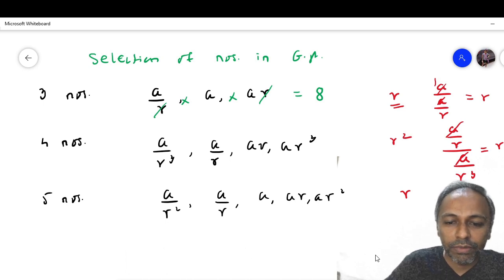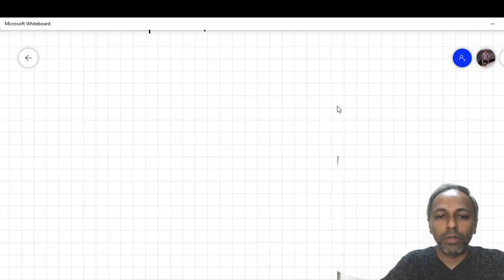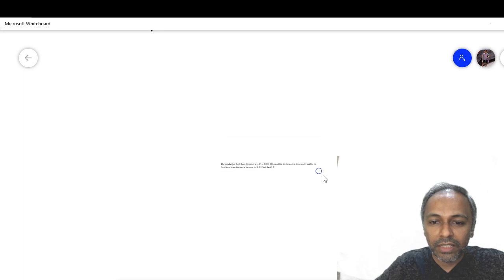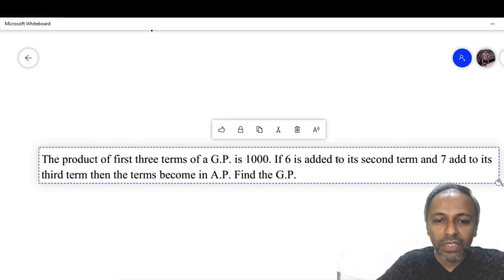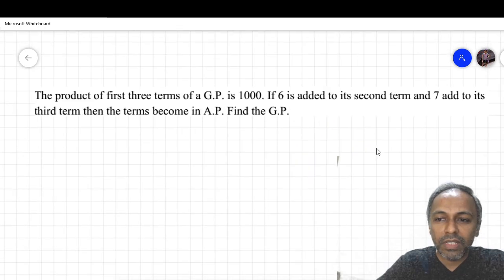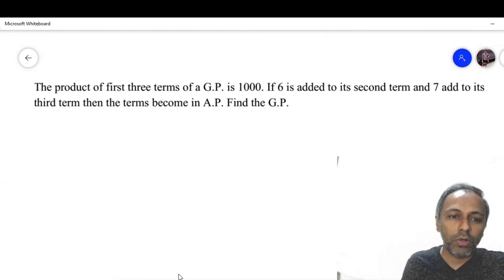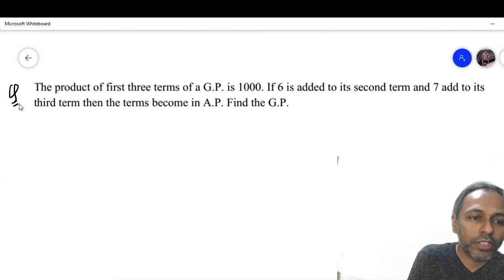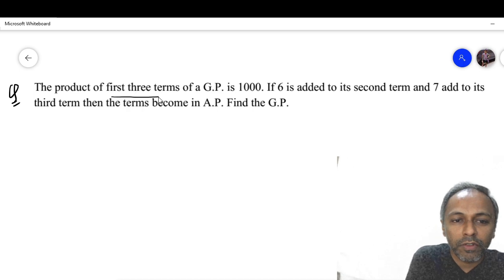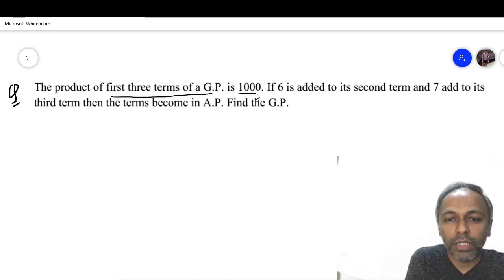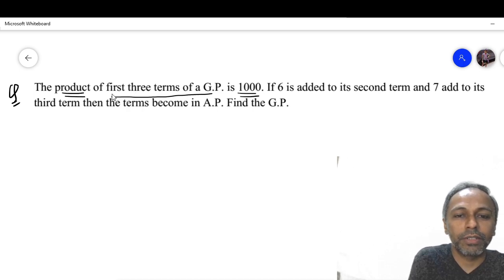Let us take a question to get this concept more nicely. Say the question is, the product of first three terms of a GP is 1000 and product is mentioned.